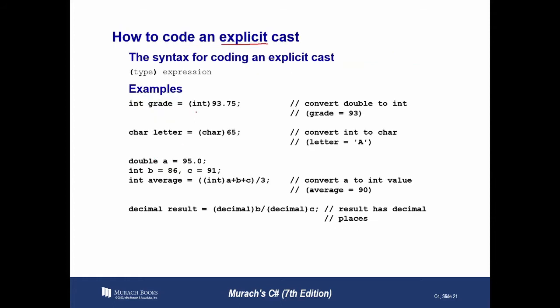But when we go to here, we have an integer here, but we're trying to actually assign it a double. And we're going to get complaints from our compiler because we're saying we want whatever is on the right-hand side to be assigned to the value of grade. But you're telling me that you want a double.